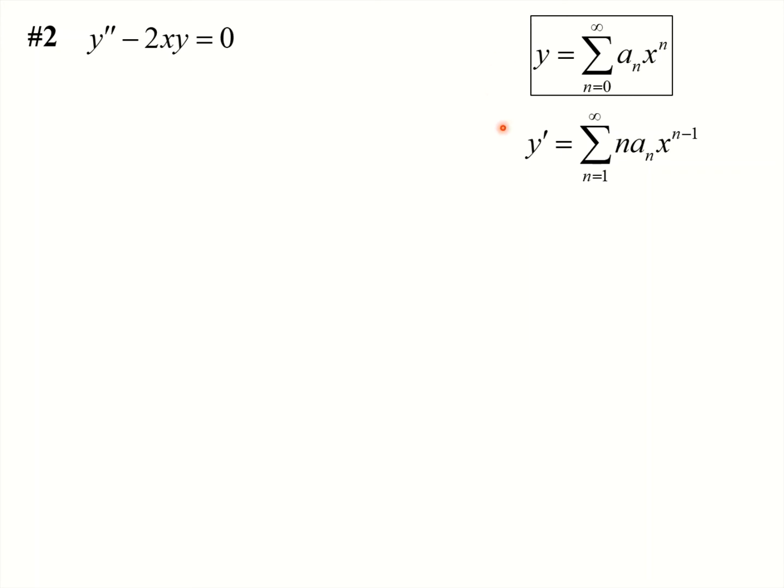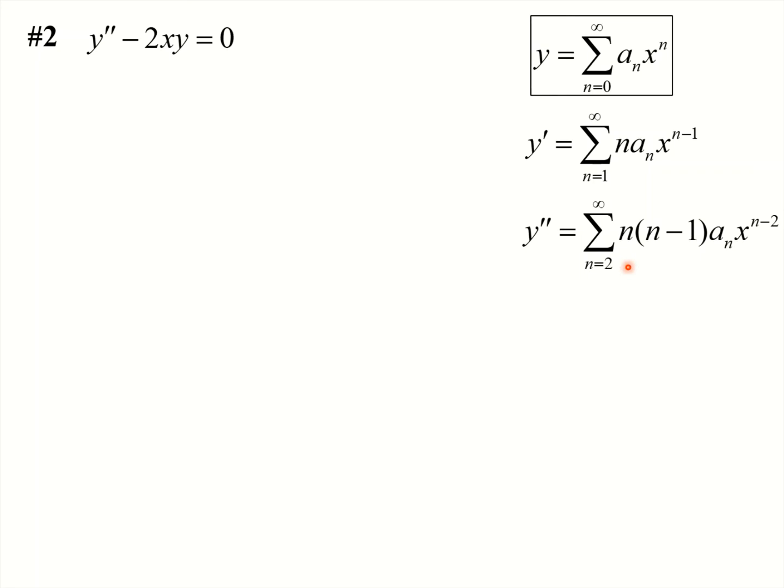And now I'm going to take the derivative of that with respect to x. So I'm going to have an x to the n minus 2. It's going to look like that. And if you put 1 into this, you're going to 0 it out. So I can just start this summation at 2.